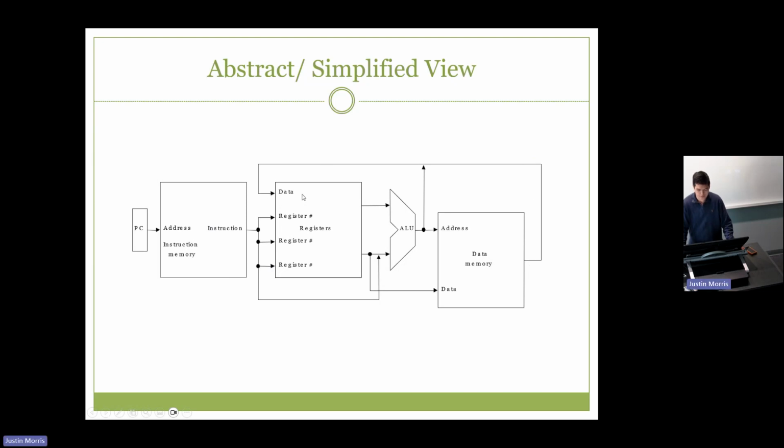So again, here I need to be able to select, am I getting the data from the ALU or R type, or is it coming from a load word? Okay. So again, this needs another mux. So multiplexers are going to be all over this datapath.